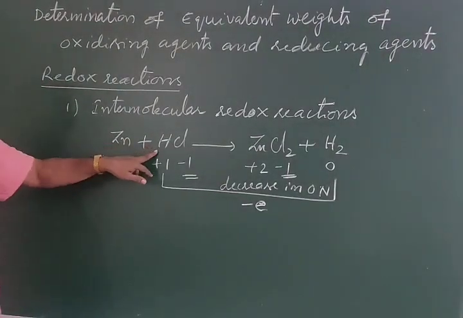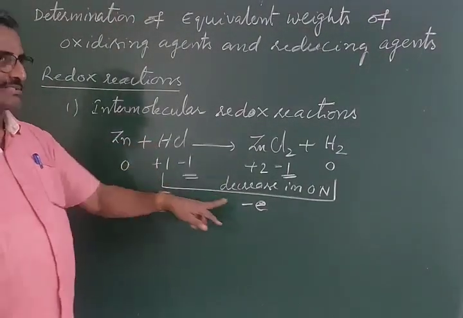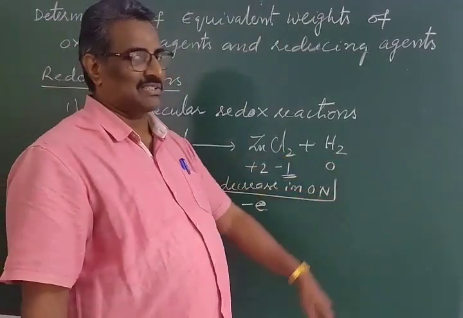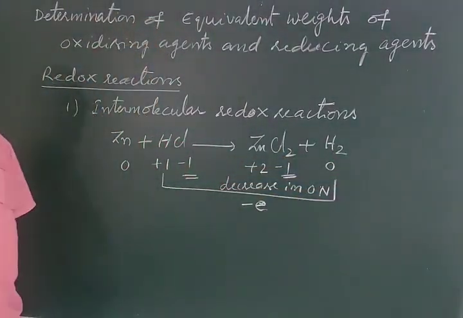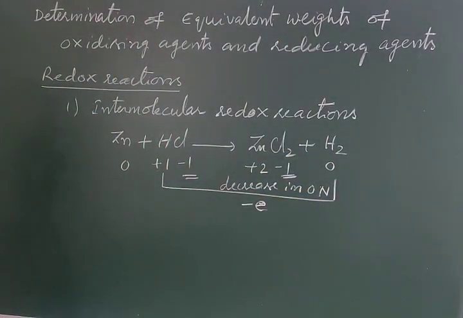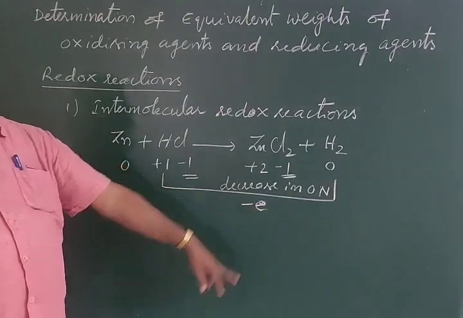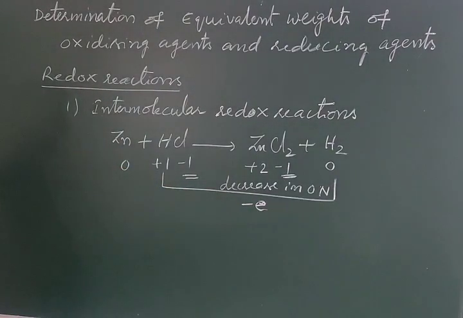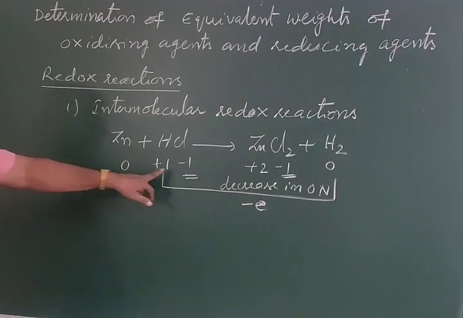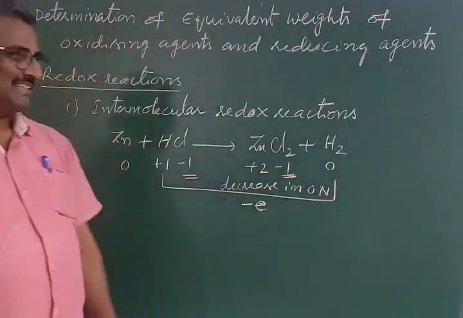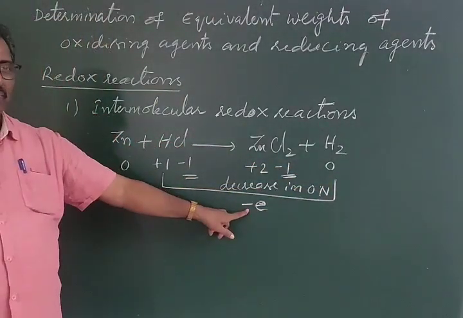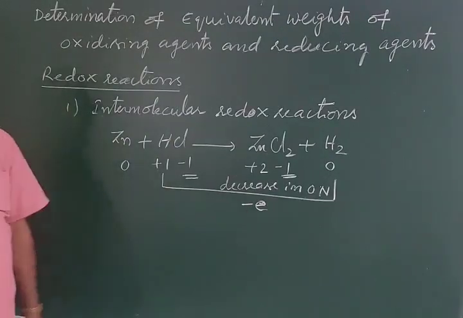Each hydrogen atom, each H plus ion gains 1 electron and changes to neutral hydrogen atom. So, it undergoes reduction, not oxidation. Decrease in oxidation state is reduction. Gain of electrons is called reduction.